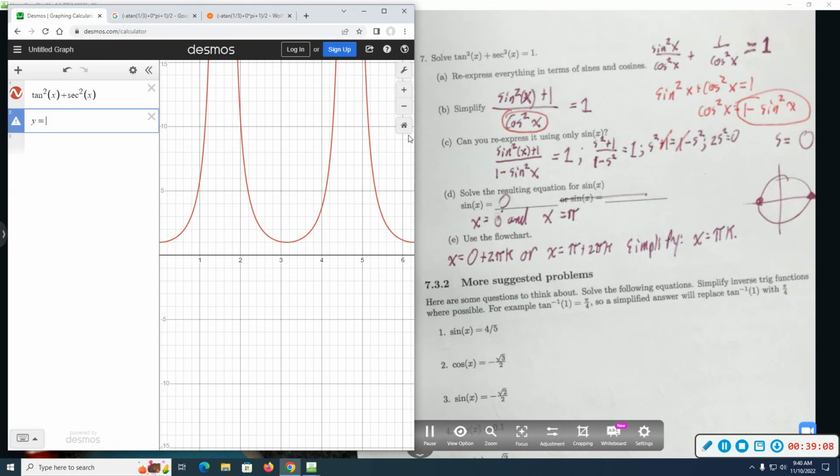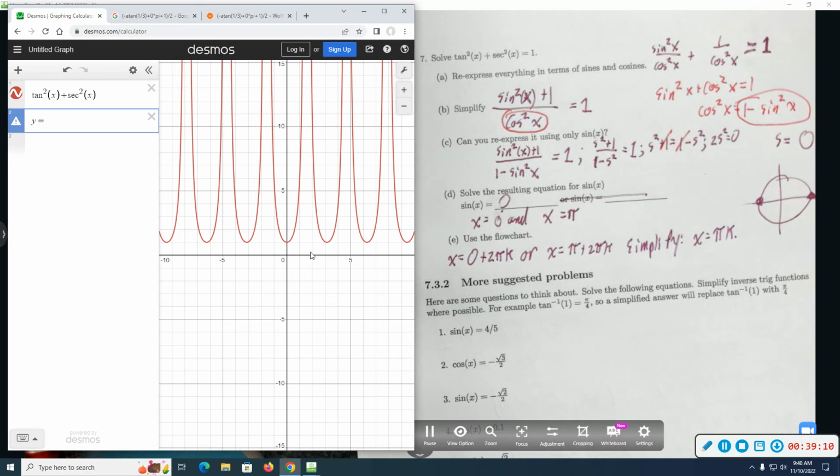So let's normalize the viewing window. Does it look like these solutions are just one single periodic family, all evenly spaced? Looks like. That's encouraging anyway. Let's start just listing some of them. Oh, I didn't finish. y equals 1.